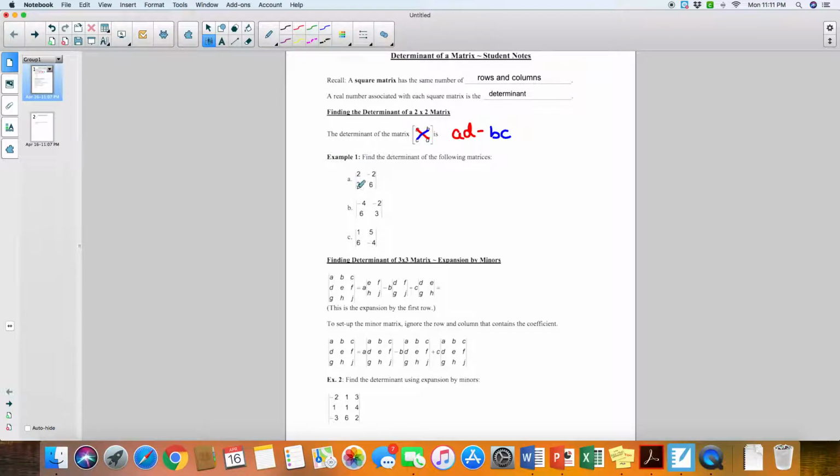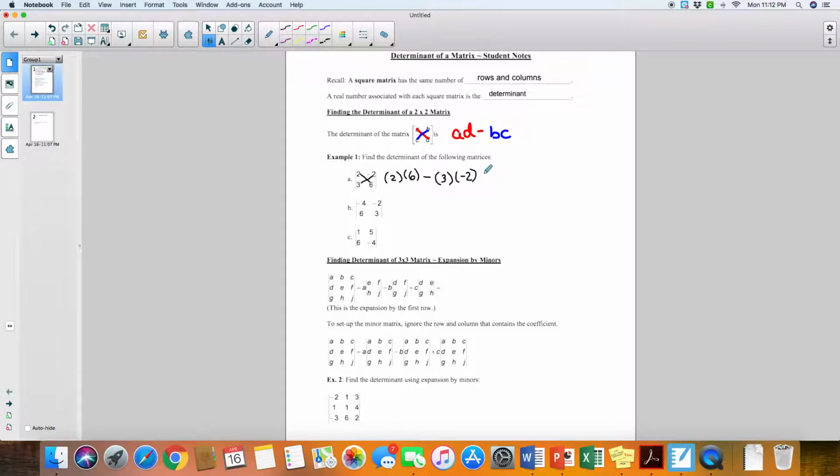So part A wants me to find the determinant of this particular matrix. Again, I'm going to cross multiply. So it's going to be 2 times 6, and then I'm going to subtract the cross product of the other two, so 3 times -2.